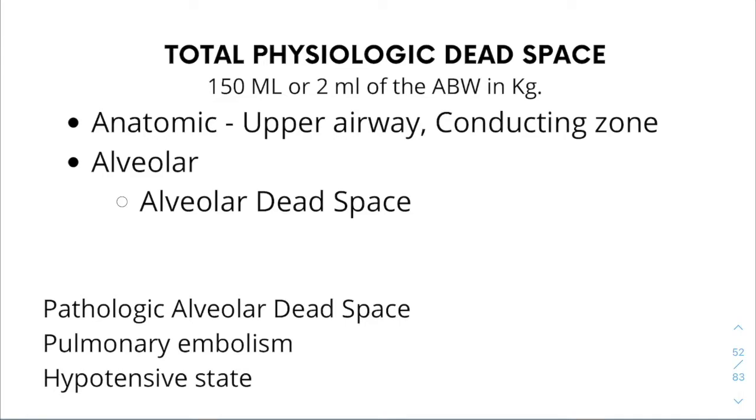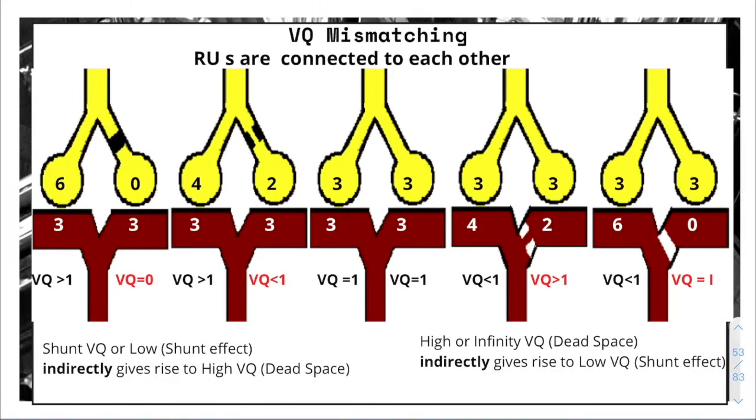So anatomic dead space is found in the upper airway and your conducting zone, while your alveolar dead space can be found normally in the upper lung zones. In pathologic conditions, such as pulmonary embolism and hypotensive states, you can have increased alveolar dead space, which can increase your dead space.